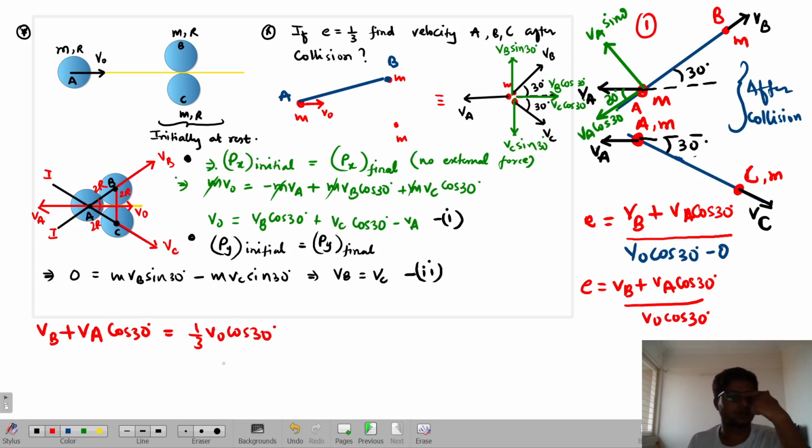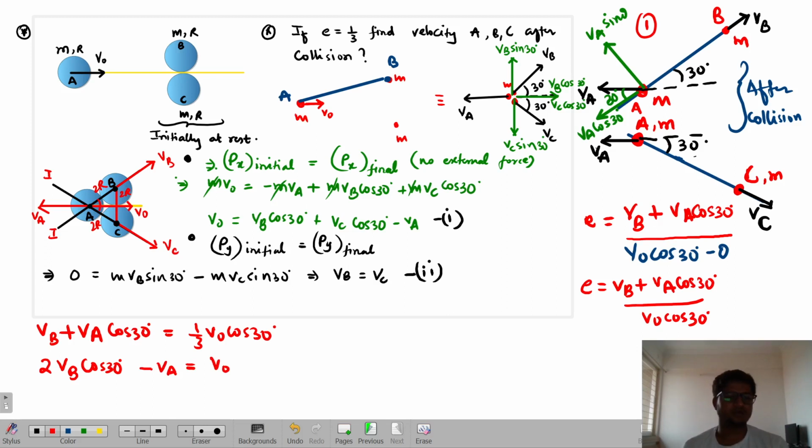And VB equals VC, so if you change it, it will be twice VB cos 30 minus VA is equal to V naught. Are you able to get me or not?